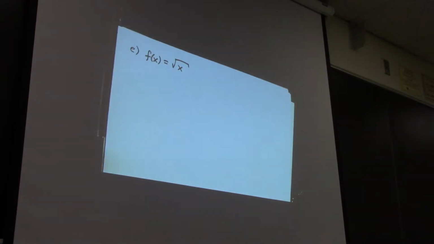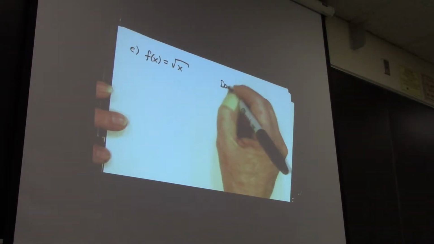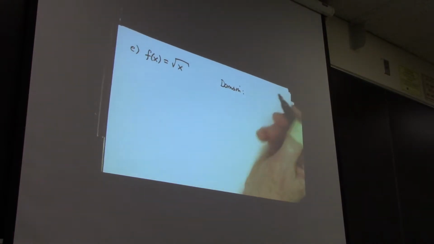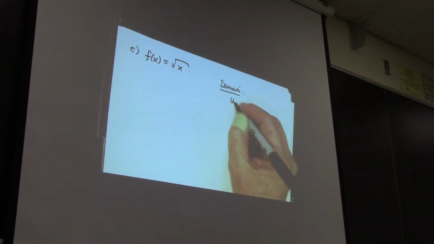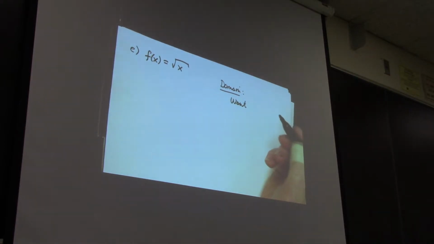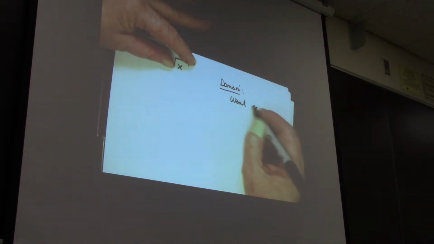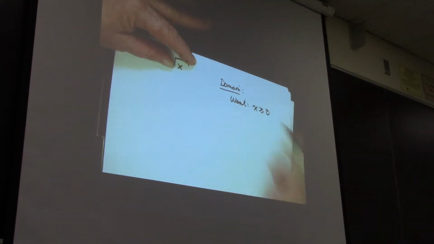What's the domain? So here I have a square root, right? For my domain, I want what's under the square root, which is not complicated this time, it's just x, to be greater than or equal to 0. That's my domain. I don't even have to solve anything.